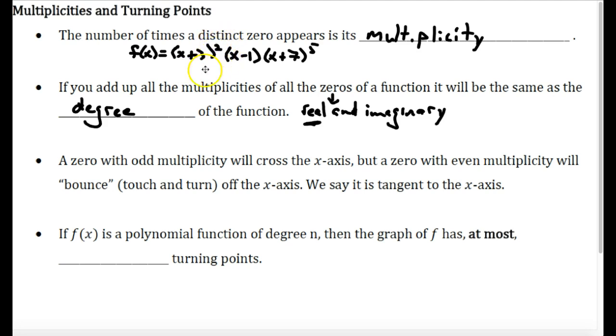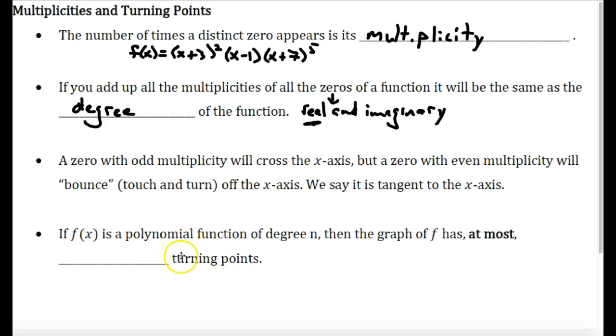It's got a multiplicity of 2. That means when I'm graphing this, the graph will just touch the x-axis at -3 and then turn around. It will not cross. However, here, my zero of -7 will cross the x-axis because it has a multiplicity of 5, which is odd. And we'll look at examples of graphing that in just a second.